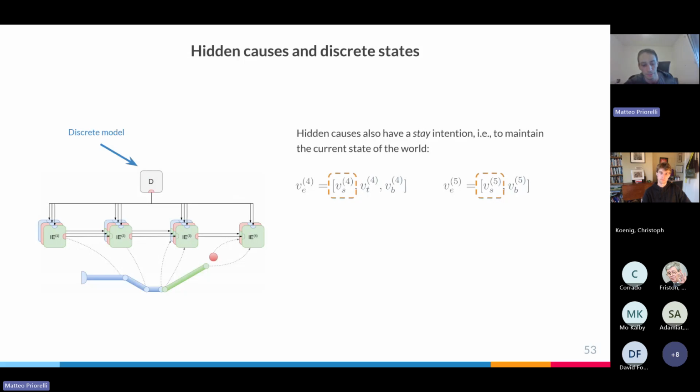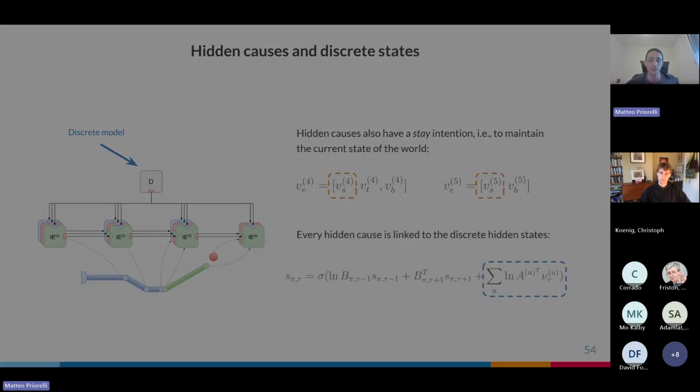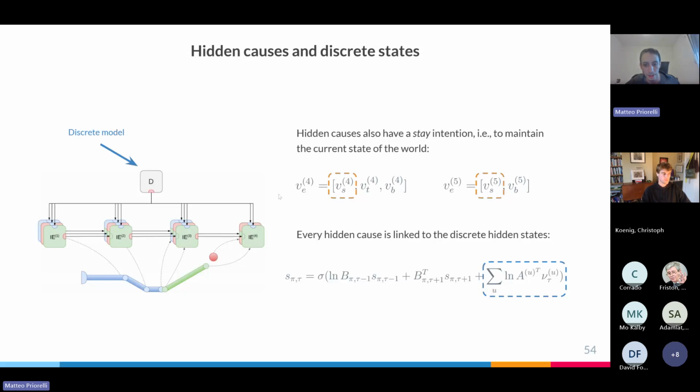This is very similar to the stay action commonly used in discrete models, and we can interpret these hidden causes as the agent's desire to maintain the current state of the world. So we now link these hidden causes to the discrete states, so that the discrete model can infer the environment by accumulating evidence over multiple elements of the kinematic chain and the end of this object, these potential configurations of the object.